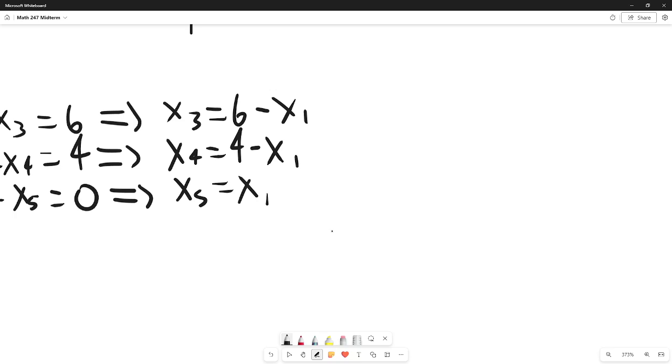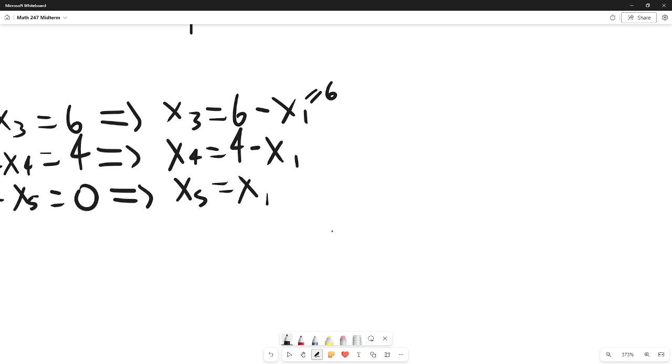For x3, the closest we can get to becoming negative without becoming negative would be 0, because right after 0 we have negative 0.1, and so on. So the closest we can get is 0. So what we can get for x1 here is 6, because 6 minus 6 is 0.